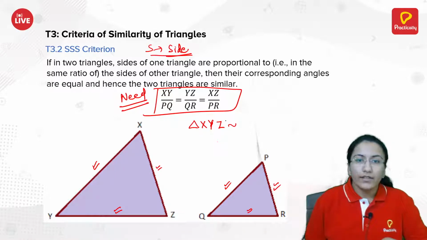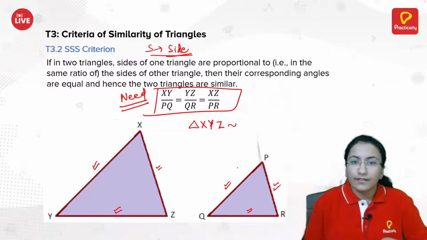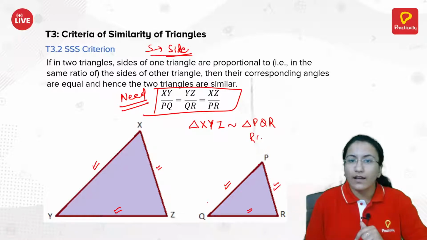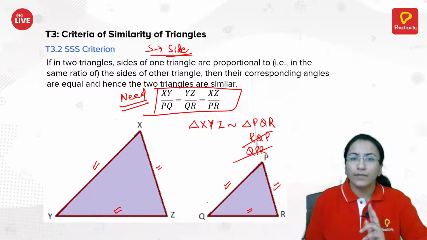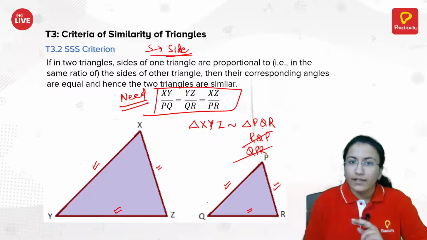Okay, here you have triangle XYZ. So XYZ is similar to triangle PQR. You can't write this as RQP or QPR. Just write this in an ordered way. This proves that XY divided by PQ, the first two terms here, first two terms here.